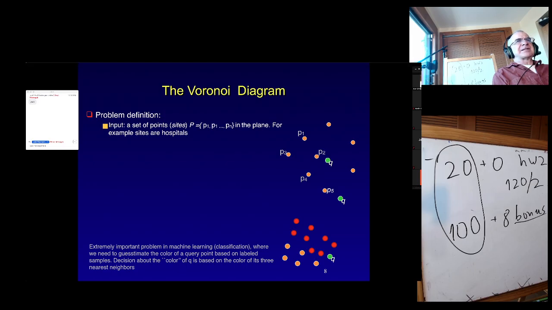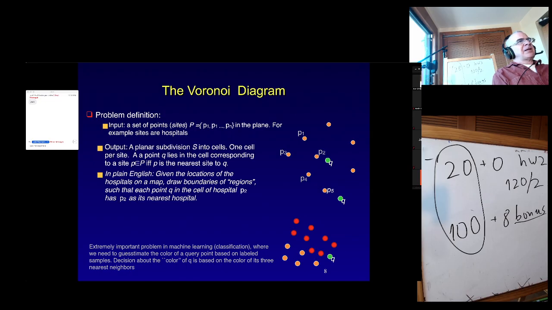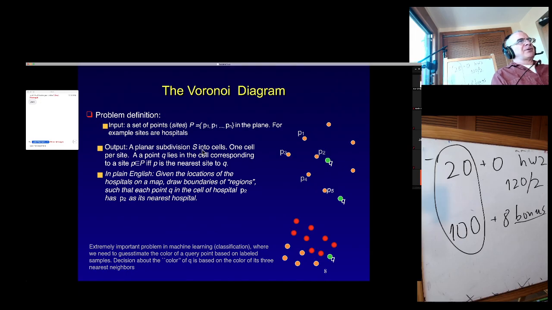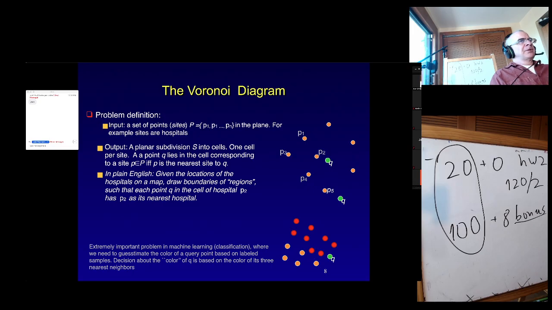I want to see what structure this set of points imposes, and I want to define what a Voronoi diagram is. So we'll first describe it in mathematical terms, which would be very formal but hard to decipher, and then we'll explain what we really mean.